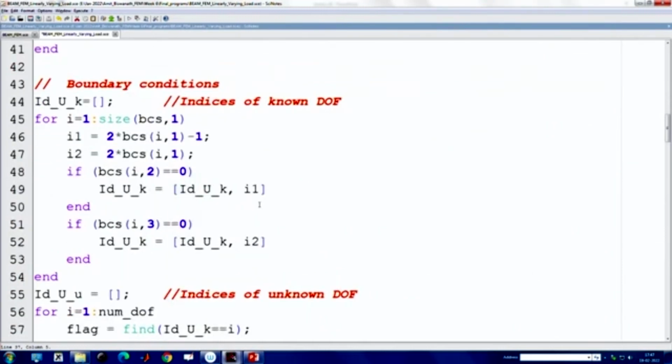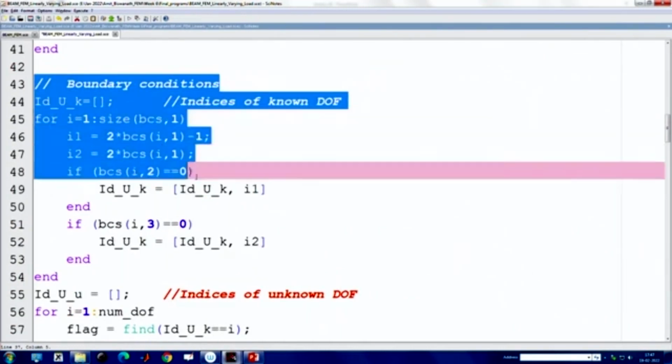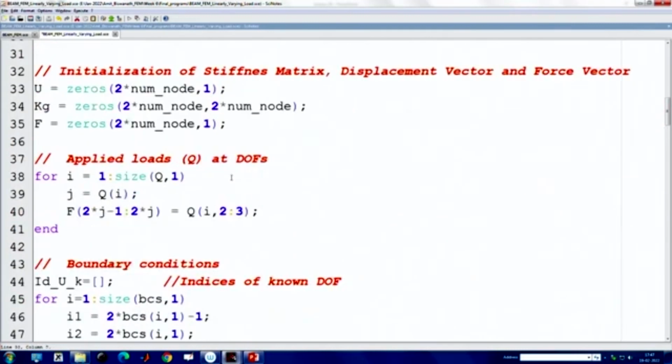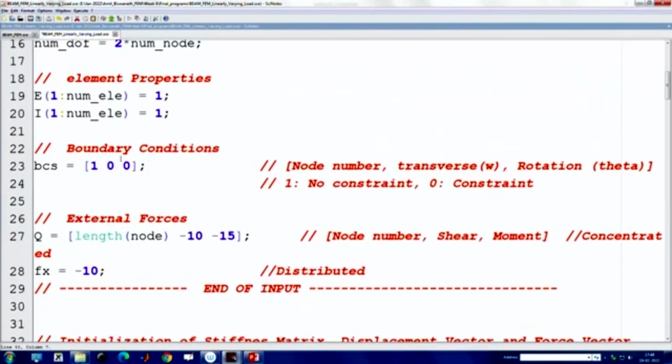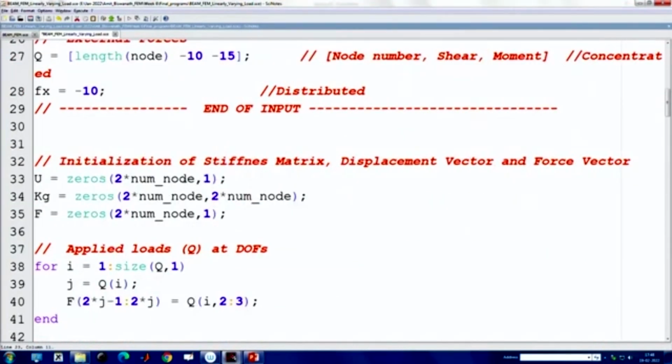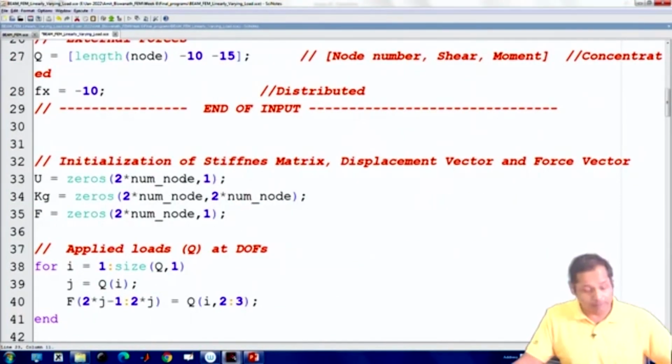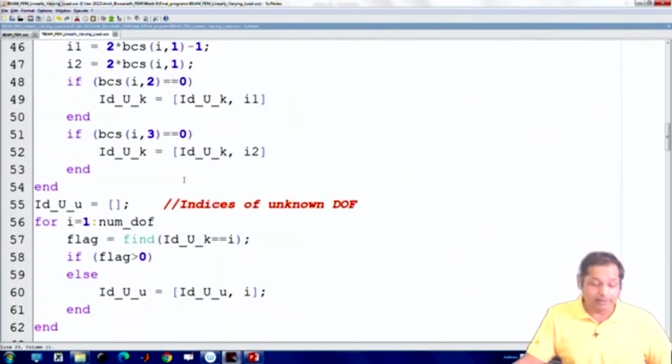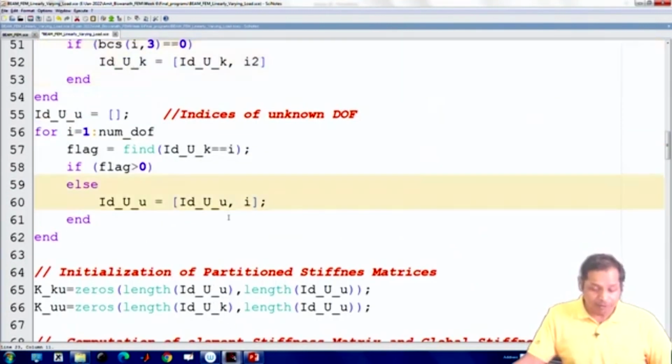Now the boundary condition block is exactly the same. Based on the information we have provided, it identifies which points have constraints and which degrees of freedom are constrained.